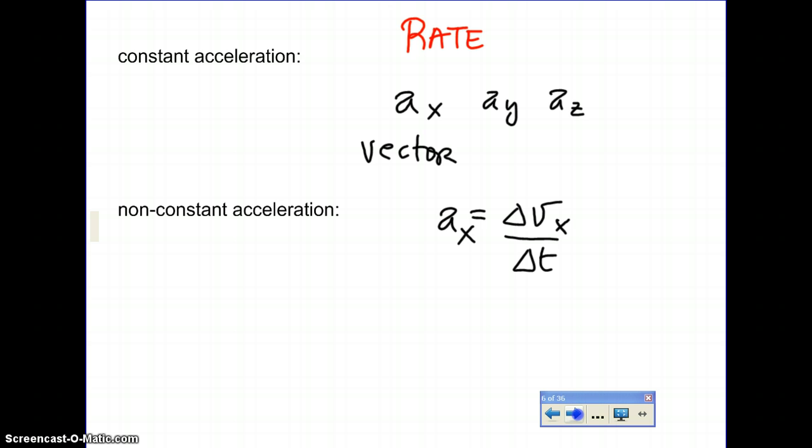So again, make sure that whatever frame of reference you're using for your acceleration matches the frame of reference for your velocity. The trickiest thing about acceleration is to remember that accelerations kind of go with forces. So that means something is going to accelerate anytime something is pushing or pulling on a particle.